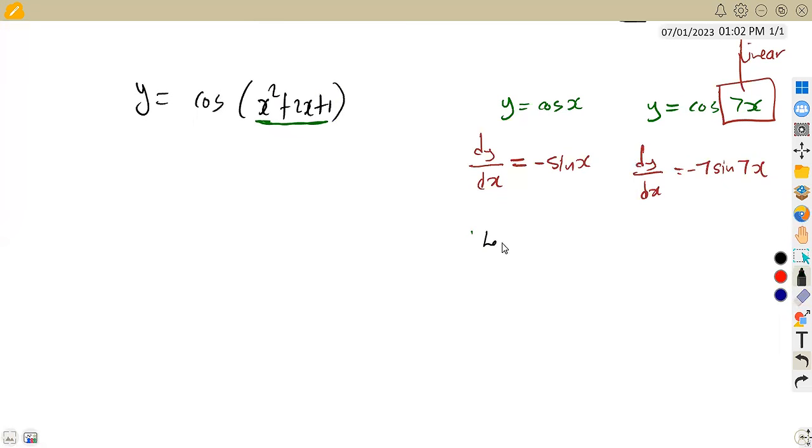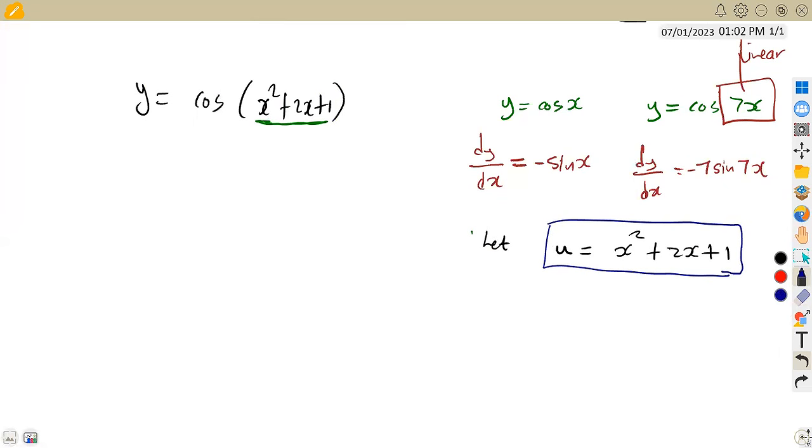So we can just say let our u be equal to x squared plus 2x plus 1. I want you to see what is going to happen. If u represents x squared plus 2x plus 1, then in place of this expression we are going to have y is equal to the cosine of u.